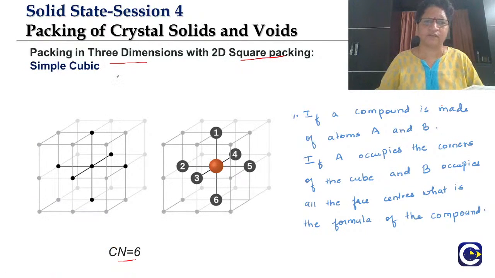Let me do the second one. Could you see the question? A compound is a mixed oxide.